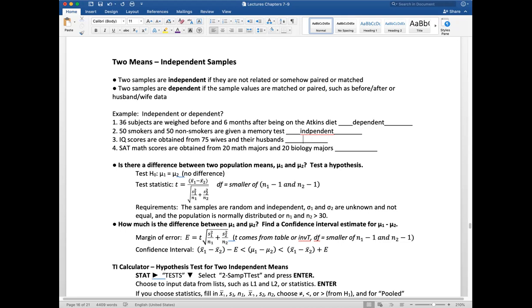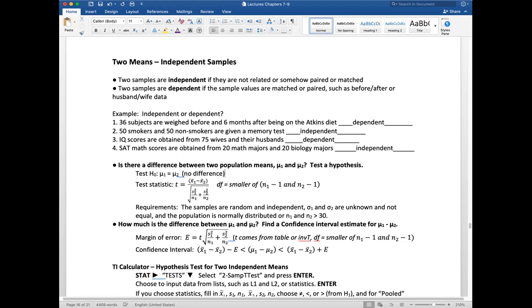The husband and wife data must be dependent. Then, the SAT math scores are obtained from 20 math majors and 20 biology majors. Math majors and biology majors are not paired or matched, so it should be independent.